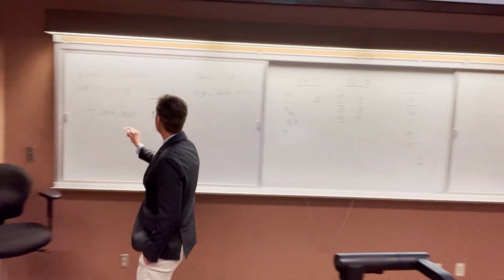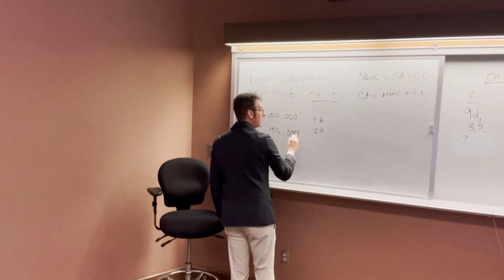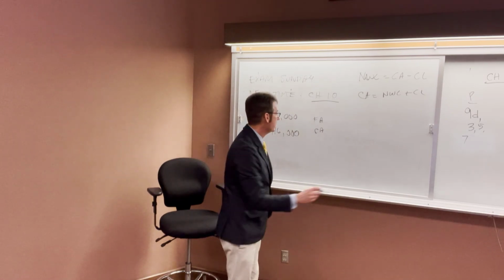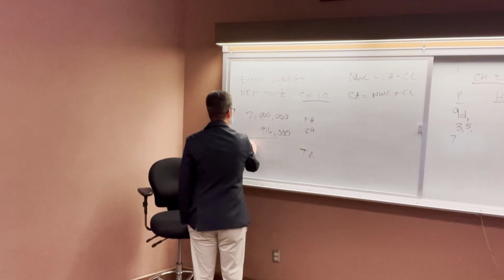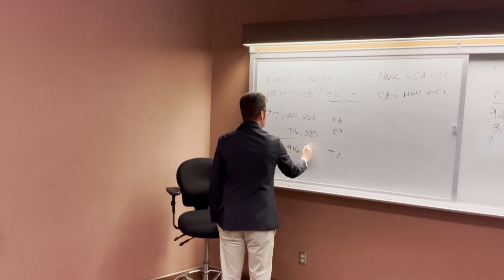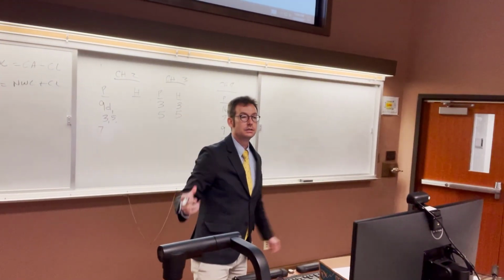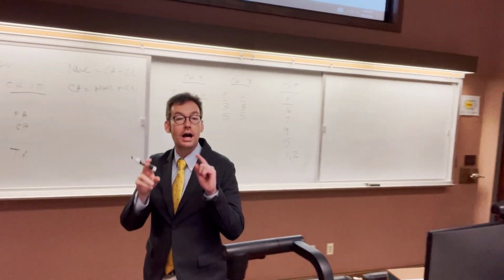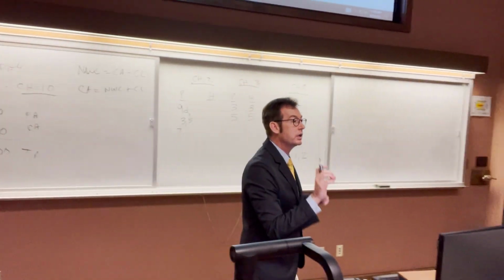So I think this thing is $916,000. Does that sound right? Okay, so that means I think the total assets are $2,916,000. Let's see. Oh, there it is. Damn, I'm good. Oh, by the way, I will screw up before the day is out because I'm human, right? Okay. Do you guys see how that worked?